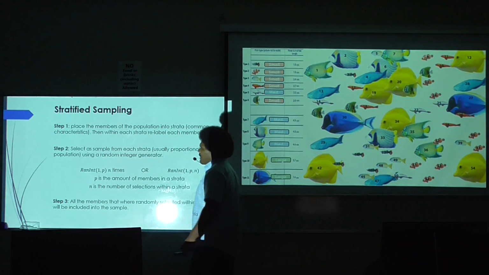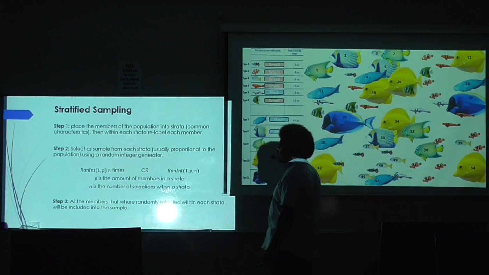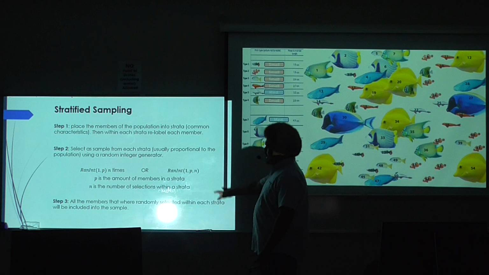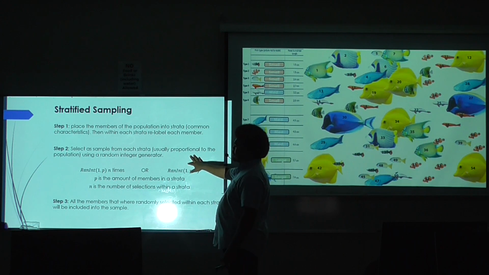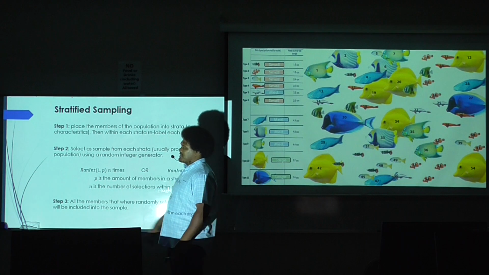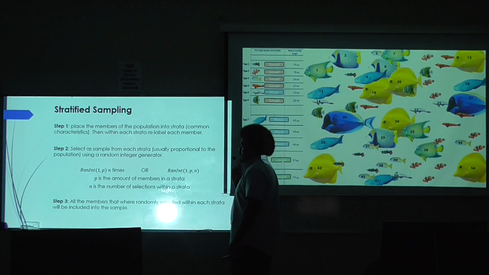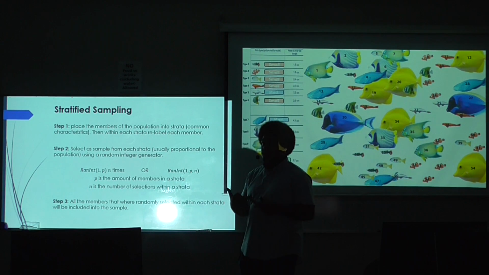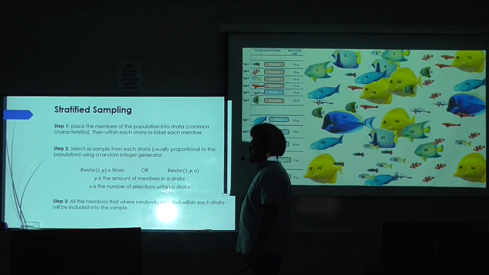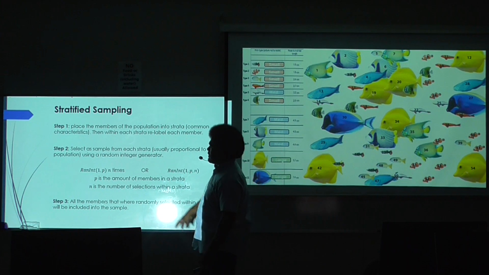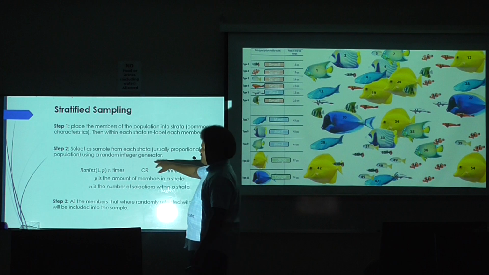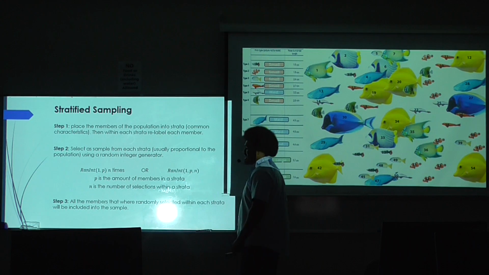And step 2, I'm going to select a sample from each strata. Usually the sample we're taking here is proportional to the group. So the proportions of the strata compared to the population should be the proportions within the sample itself. So we're going to use the random number generator again, so this way it's unbiased.